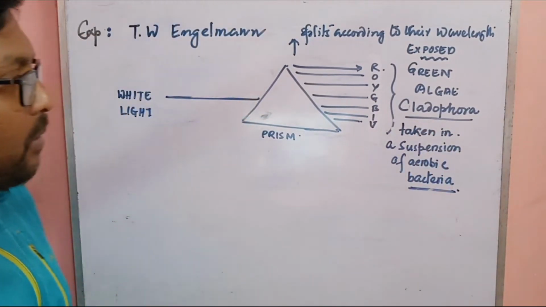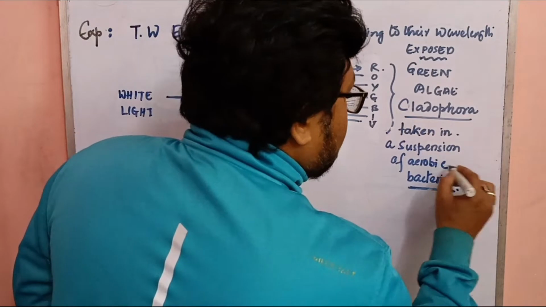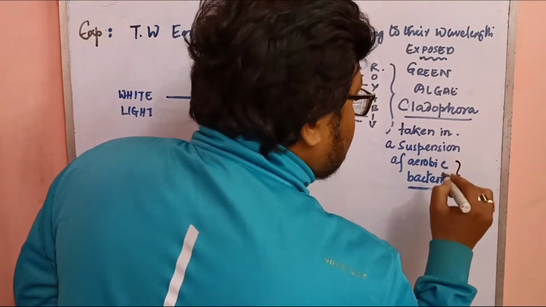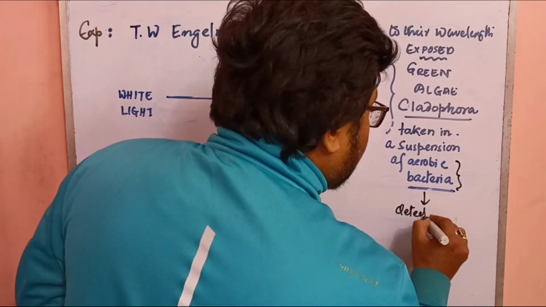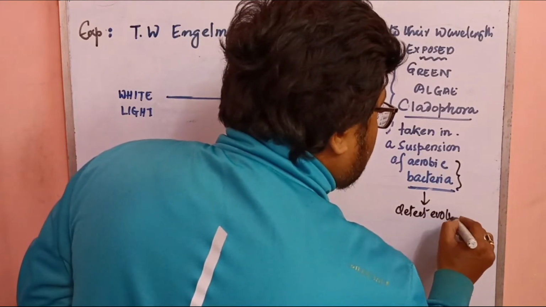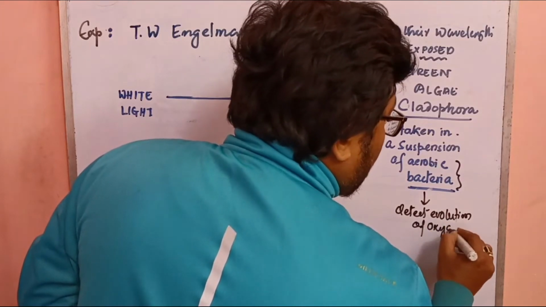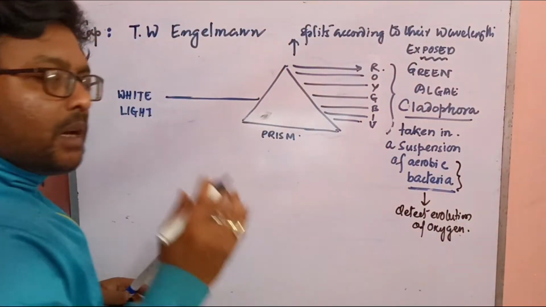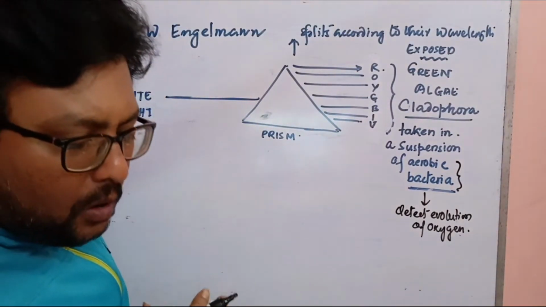Okay. So these bacteria were usually used to detect evolution of oxygen. Now, basically what was observed?